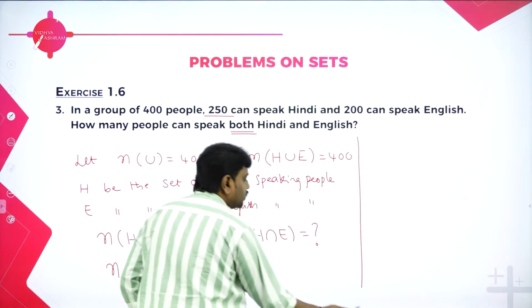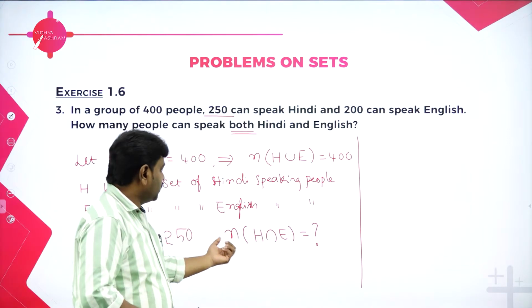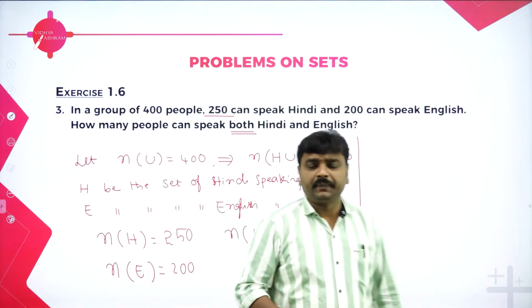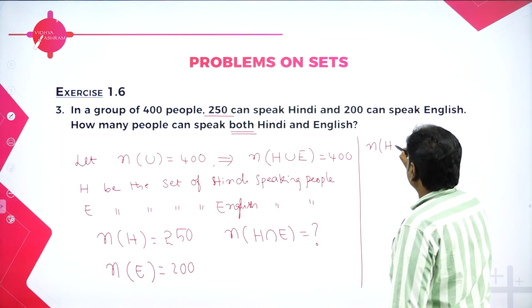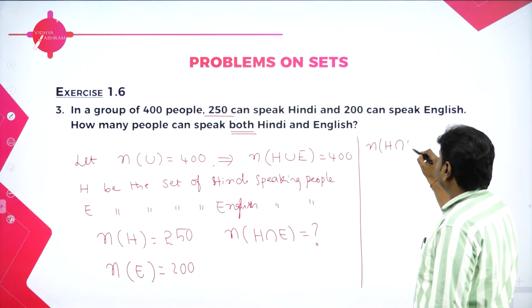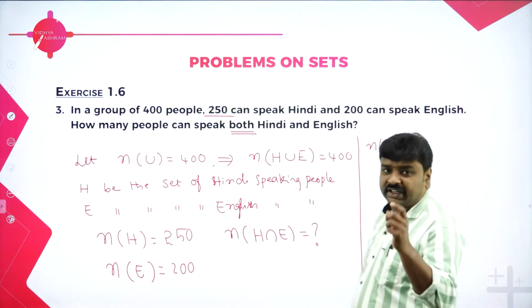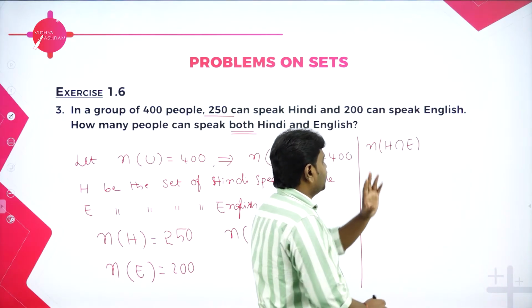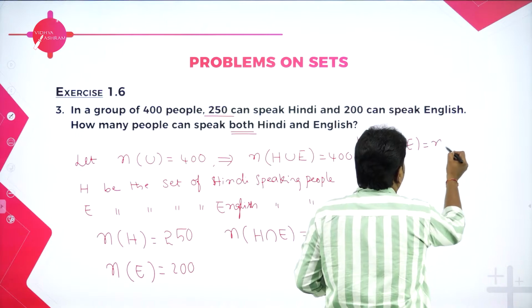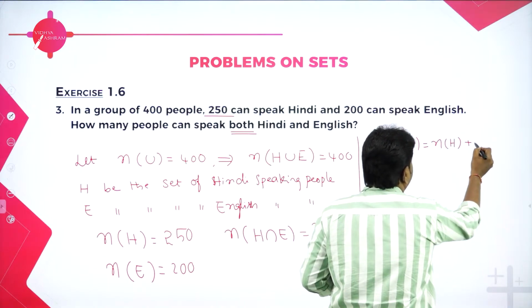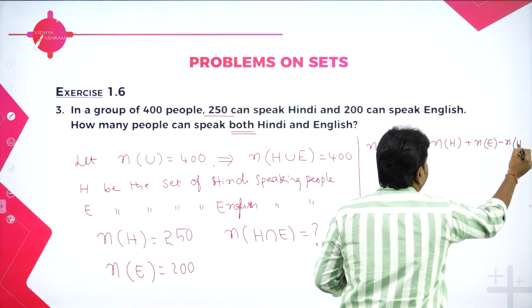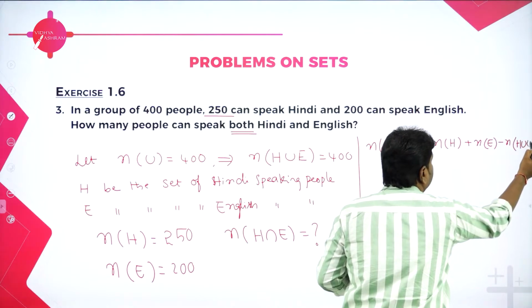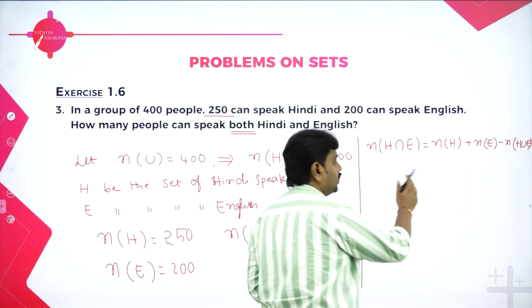This is given, so it's more than enough. You can find H intersection E. The number of people speaking both Hindi and English is n of H intersection E. What is the formula? N of H plus n of E minus n of H union E. I hope all of you understood.